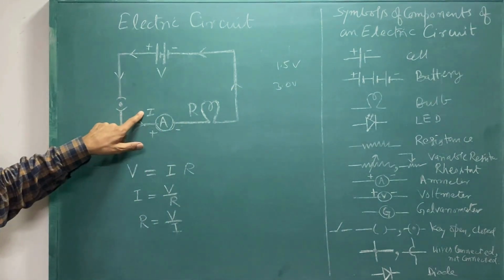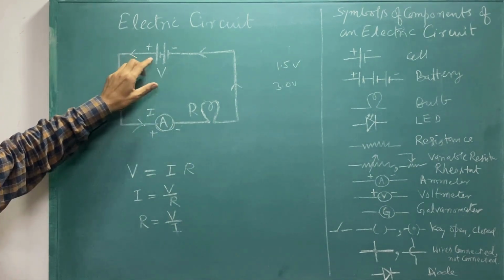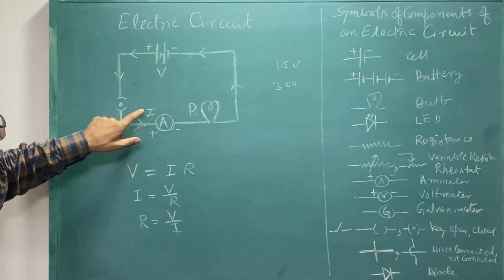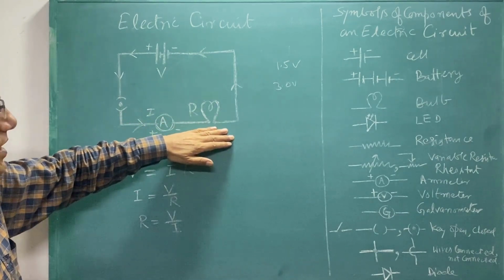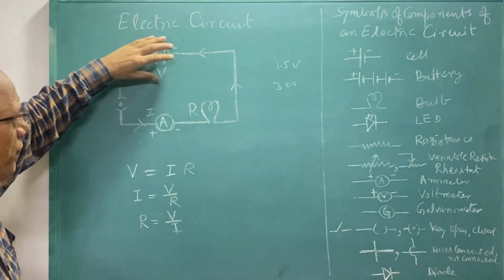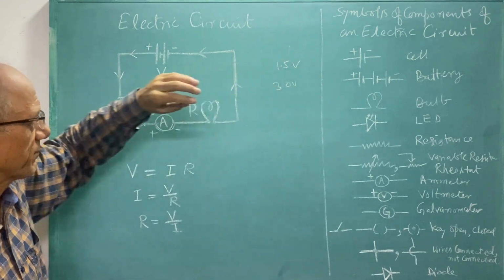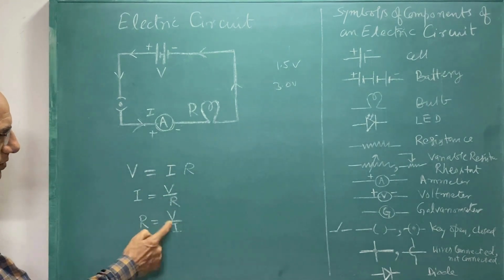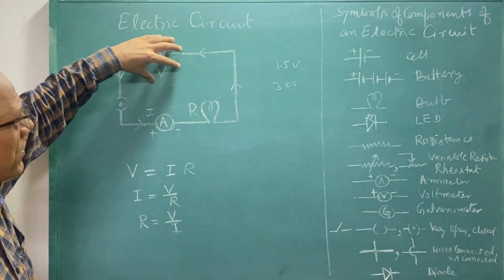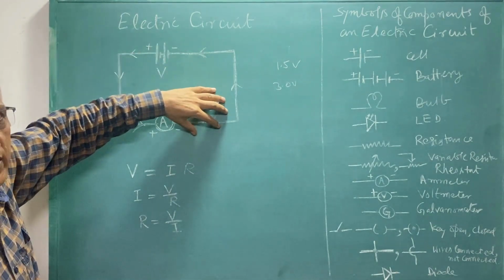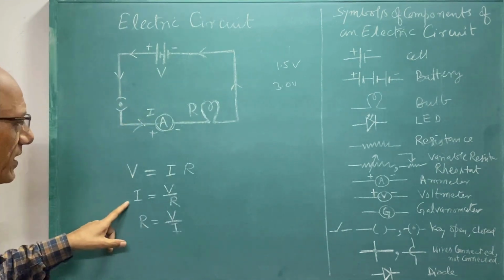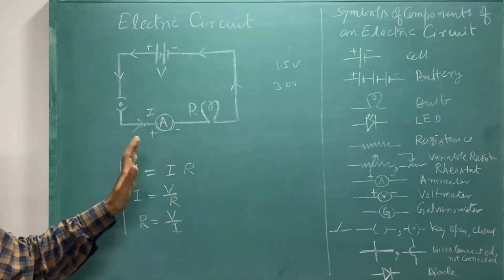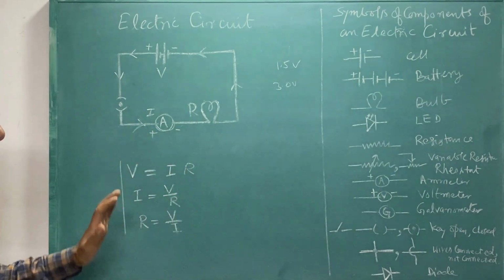So let us say a current I is flowing through this, and V volt is there, so we will have V equals I into R. If you know this I, and if you know the resistance over here, then you can calculate V. If you know V, as in the case of the cell, and if you know the current through this, then we can find this R. So this R will be equal to V by I. Similarly, if you know this V and you know the resistance, then you will be able to find out the current, that I will be V by R. So these are the different situations in which we have to find something from this given circuit.